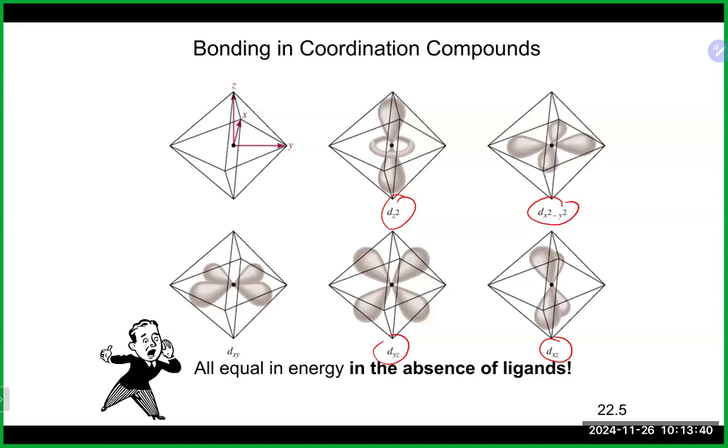Now, when we have really no ligand present and we're talking about the transition metal, all of those 5 d orbitals are basically going to be the same energy. So they will all be equal to each other. The 5 individual d orbitals that make up that d subshell within the transition metal will be equal in energy.